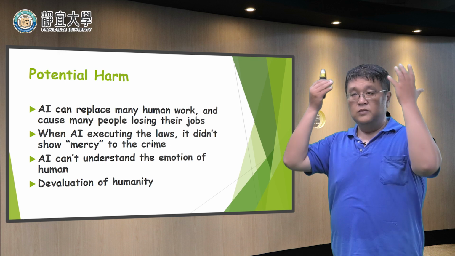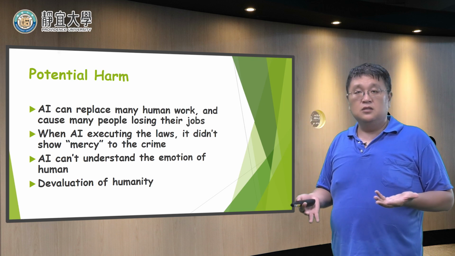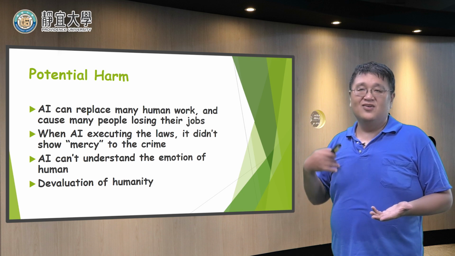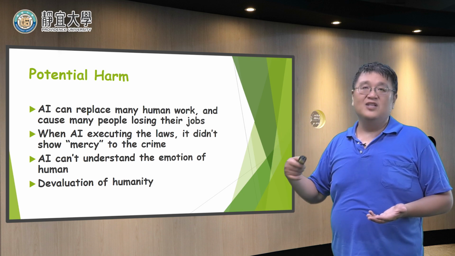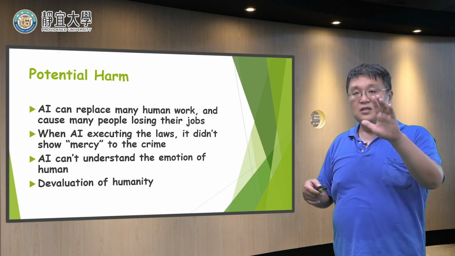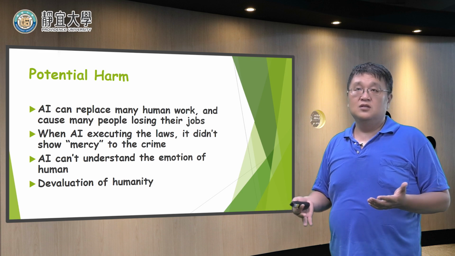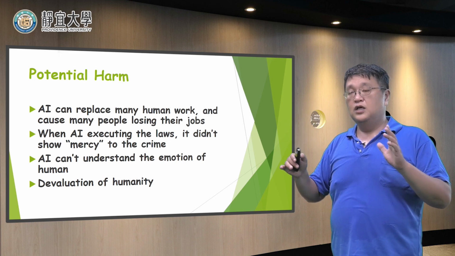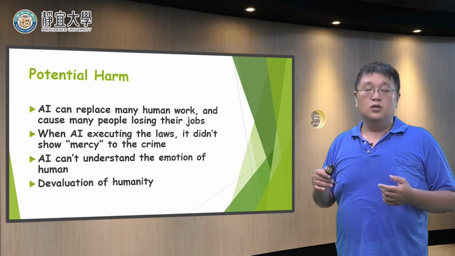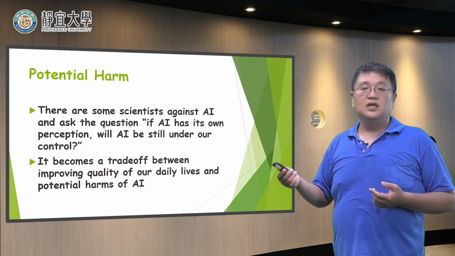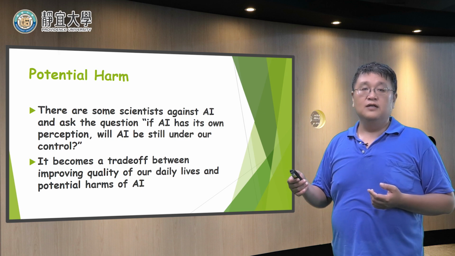We can see it on the face, but sometimes even we humans cannot understand. There will be a lot of things that we cannot do. AI also cannot judge, because you cannot change your knowledge into rules to teach the AI. So those things are the potential harm.